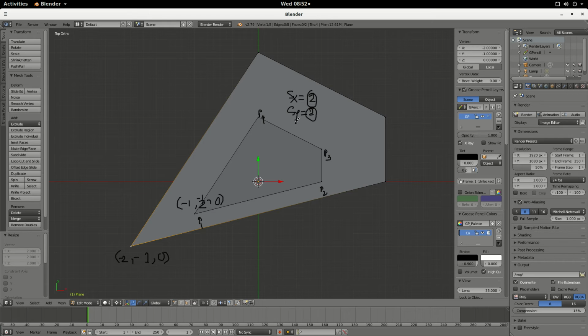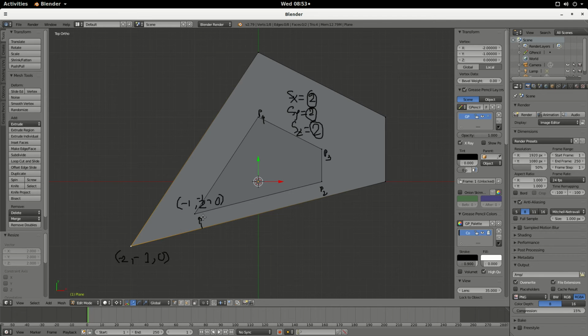But what we would have in 3D world, if you can imagine, is an Sz component as well. So in this case, if you're doing uniform scaling, that means that you're scaling on all the directions uniformly, you would simply multiply that. So we multiply -1 with 2, minus half with 2, and 0 with 2, and that's what we get.